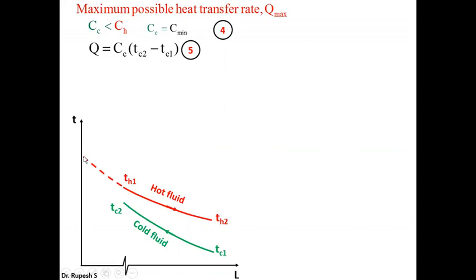Since the cold fluid has minimum heat capacity rate, it undergoes larger temperature change, and the temperature profile for cold fluid for a heat exchanger with infinite length will be like this. Thus, for a heat exchanger with infinite length, the exit temperature of cold fluid becomes equal to the inlet temperature of the hot fluid, such that Th1 will be equal to Tc2.